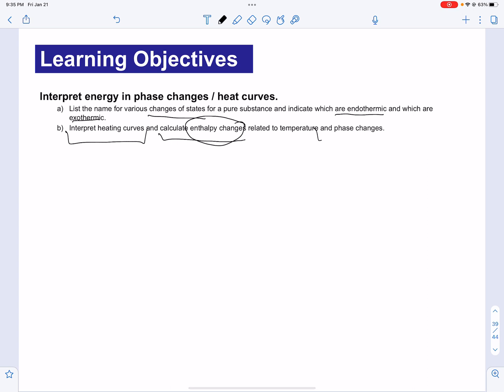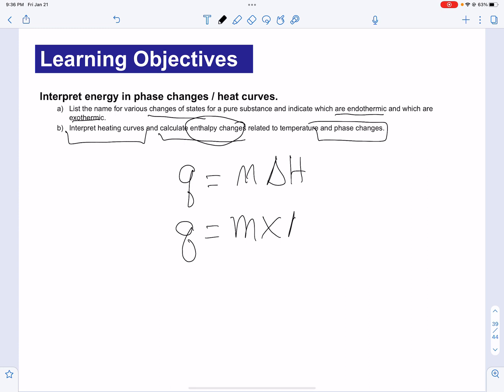And we see how they relate to phase changes by the formulas that we studied for Q: the amount of matter times the delta H, or the amount of matter times the change in temperature times the specific heat.